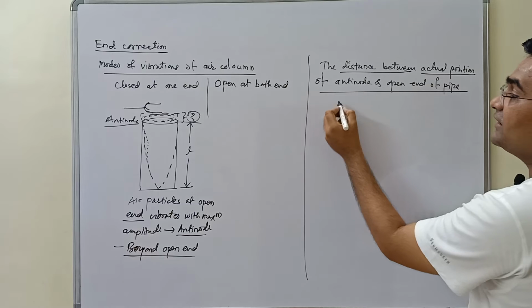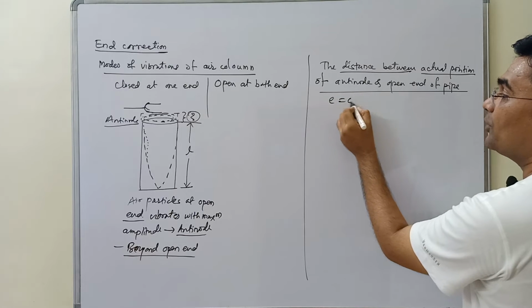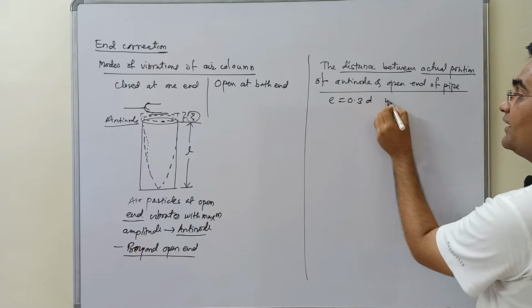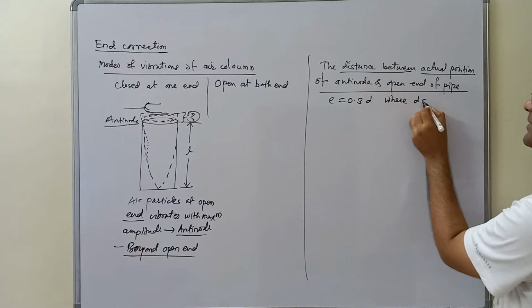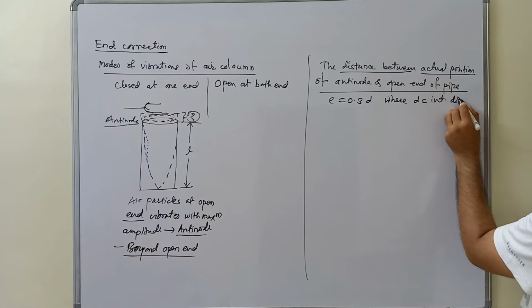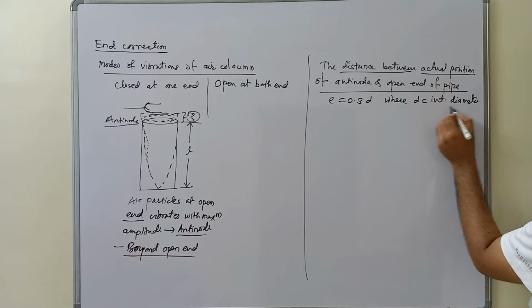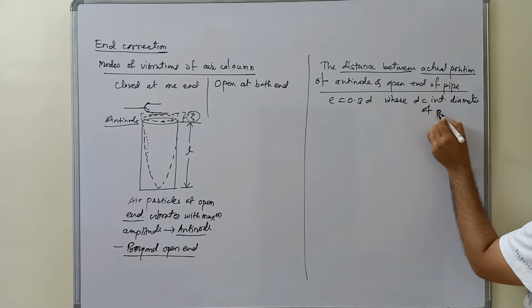According to Rayleigh, the end correction is equal to 0.3 into D, where D is the internal diameter of the pipe.